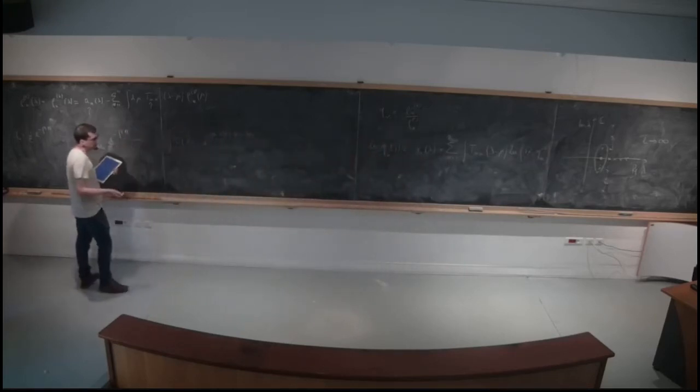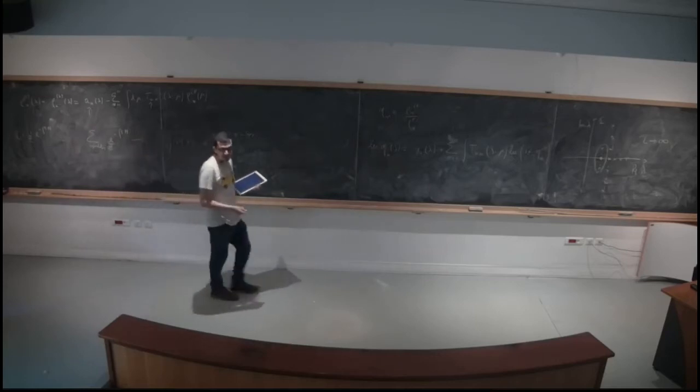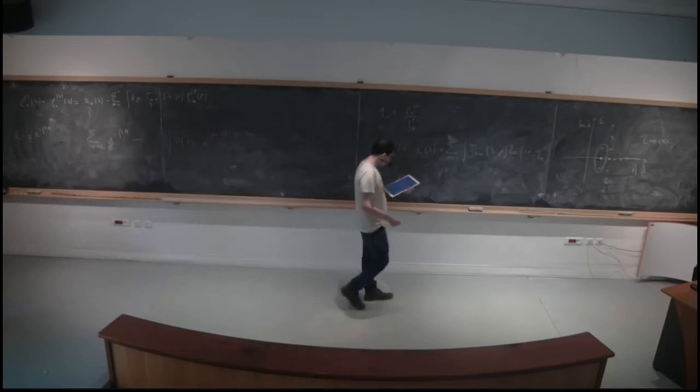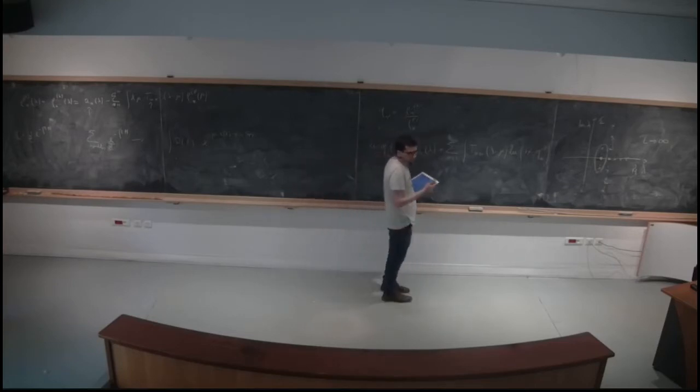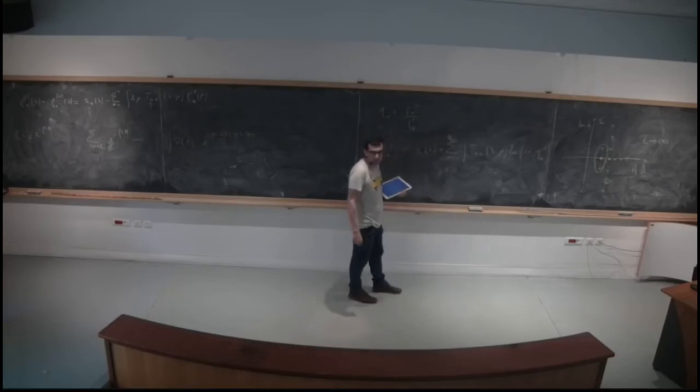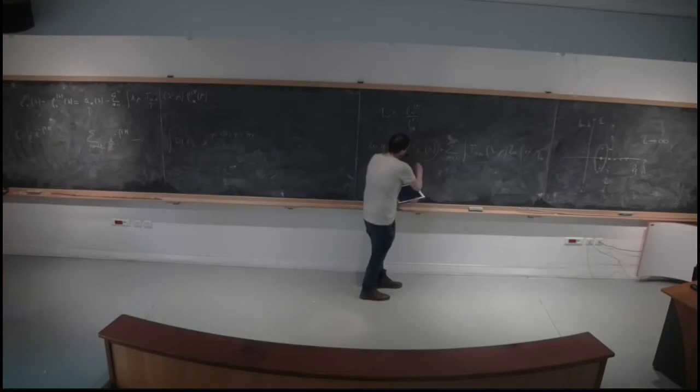If you work with the Gibbs ensemble, it's basically beta times energy. If you work with the GGE, it's something else. And the key problem in solving the quenches is to determine what this G is, which is called driving.